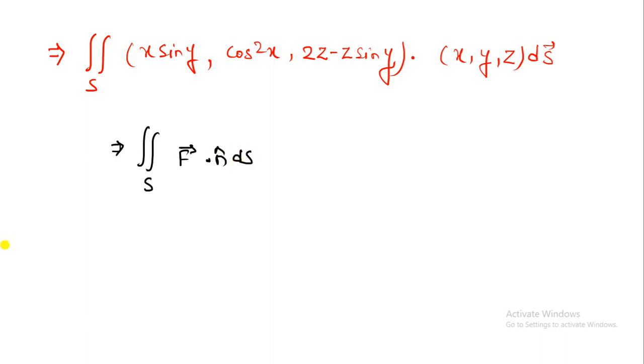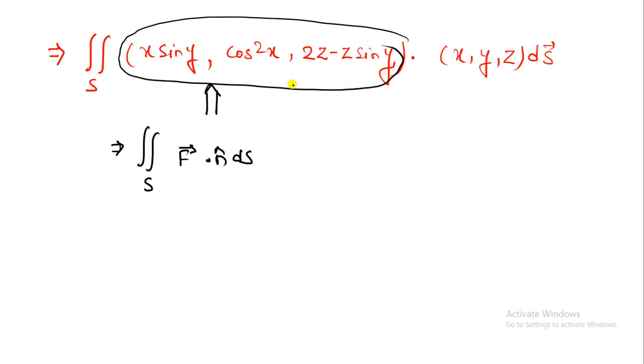But if you correlate this expression with the given vector integral, what you can compare is that this is the vector field f. In place of unit vector n it is this. This is the representation of unit vector n, and this is ds.